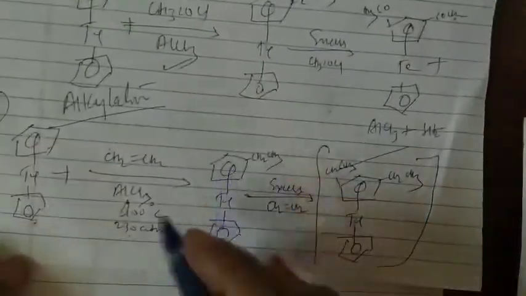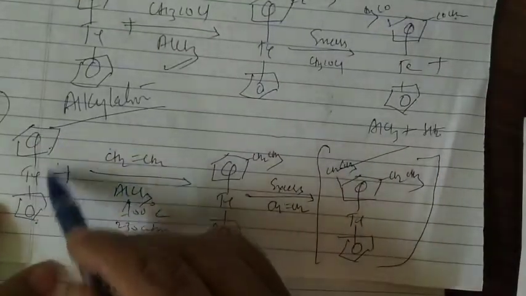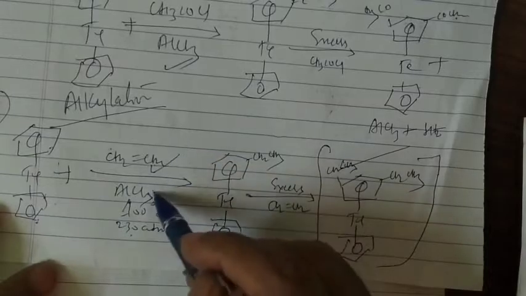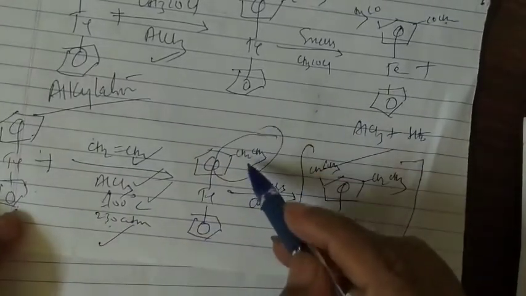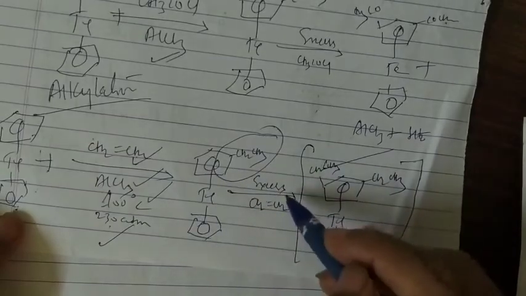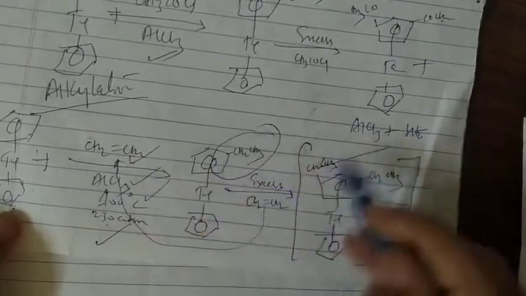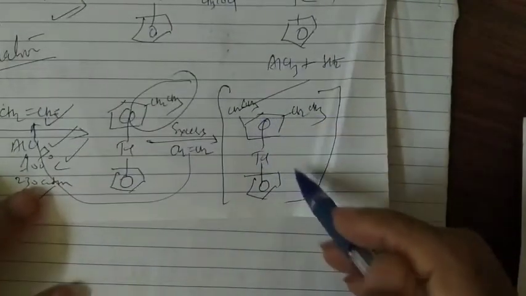So you treat ferrocene with alkenes, AlCl3, 100 degrees centigrade, 230 atmosphere, and you get monosubstituted alkyl ferrocene. Now if you take this in excess, you get the disubstituted product, as you got in acylation, the same thing here.